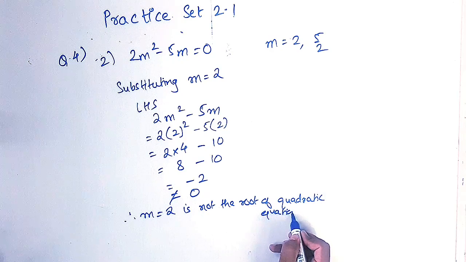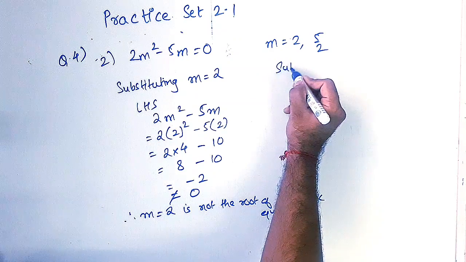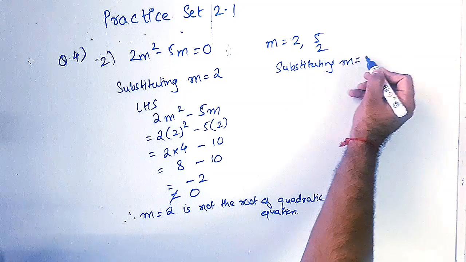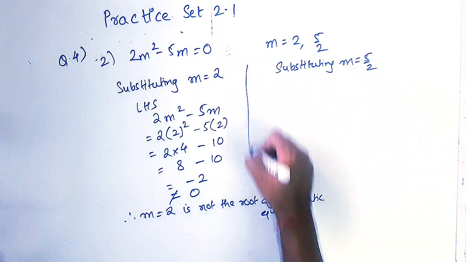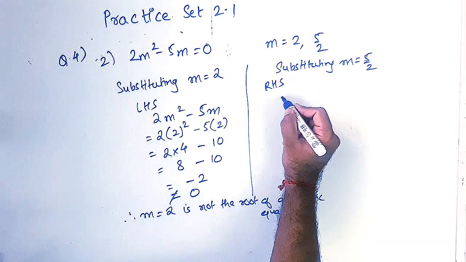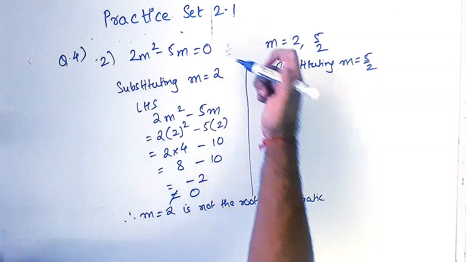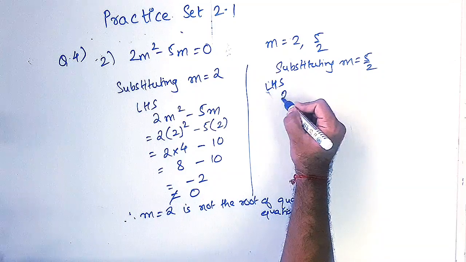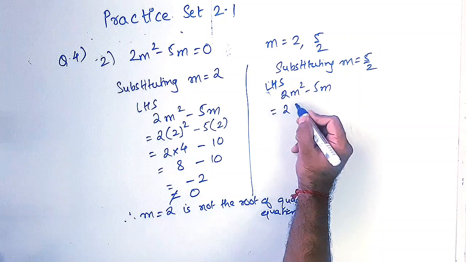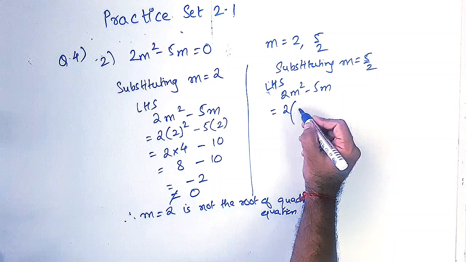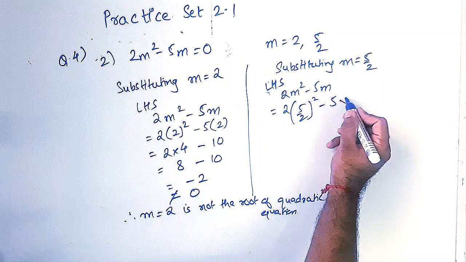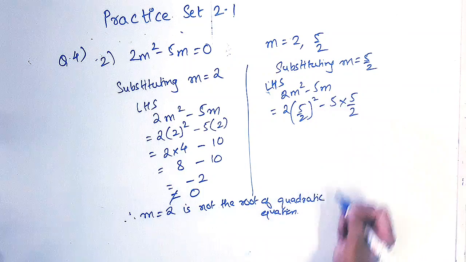Now let us solve by substituting m equals to 5 upon 2. Now LHS, 2m square minus 5m. This is 2 into 5 by 2 the whole square minus 5 into 5 upon 2.